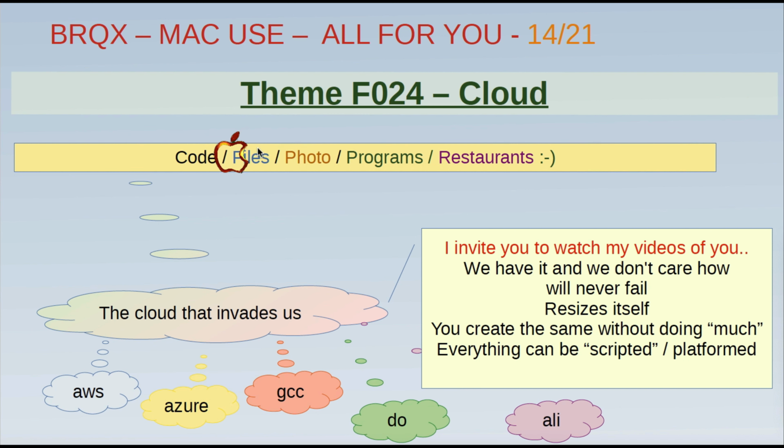Then, most importantly, we can have the code, files, photos, programs, whatever, stored in one or several providers, and we know that it is secure. In other words, we have all our photos in Google Photos or Apple Photos, and we know that this photo is never, ever lost.